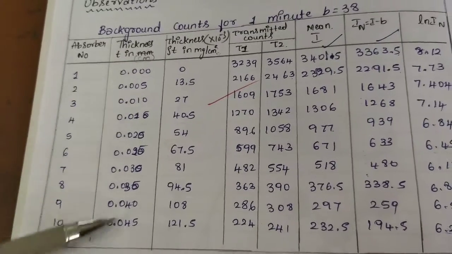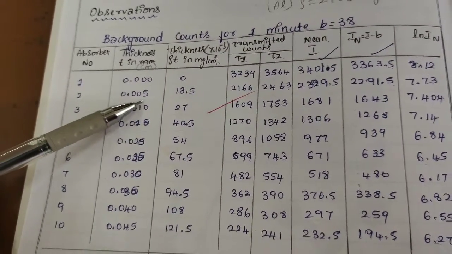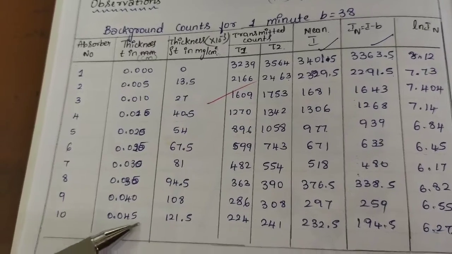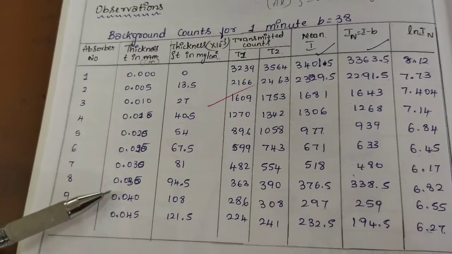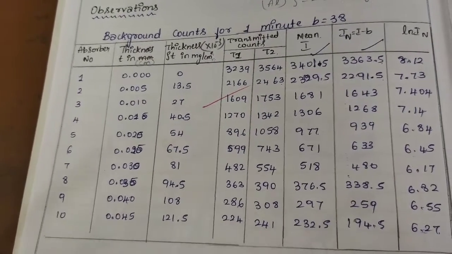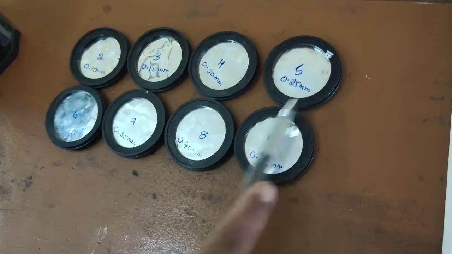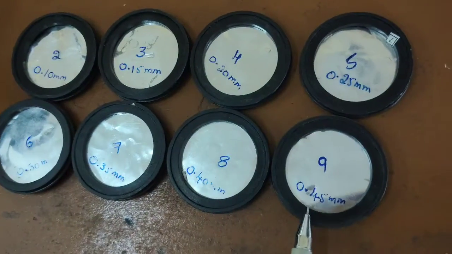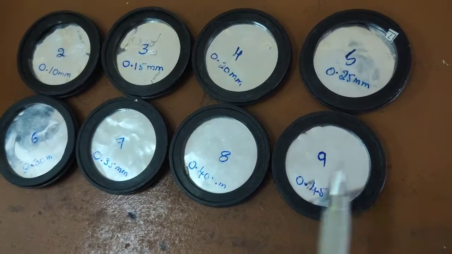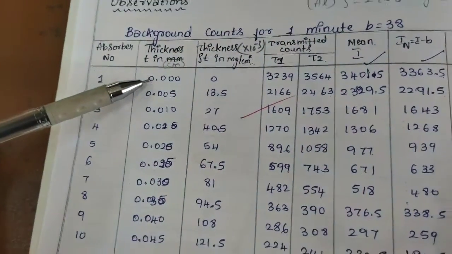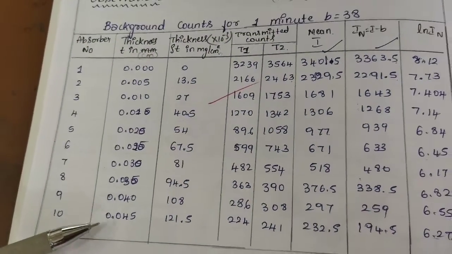This is in centimeters, that's why we are getting it as 0.005 to 0.045. We are increasing the thickness. So the experiment you have to do is repeat it for different absorber thicknesses. These values, the absorber thickness of aluminium, are in mm, that is millimeters. Now these are the readings which I have taken in centimeters.